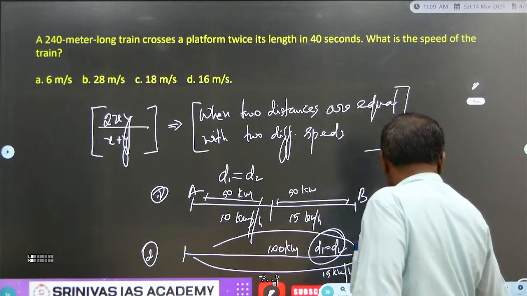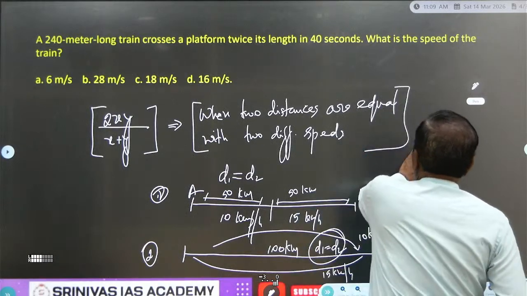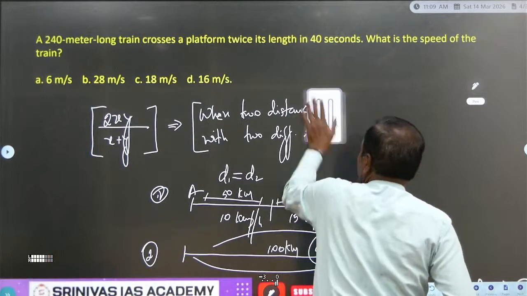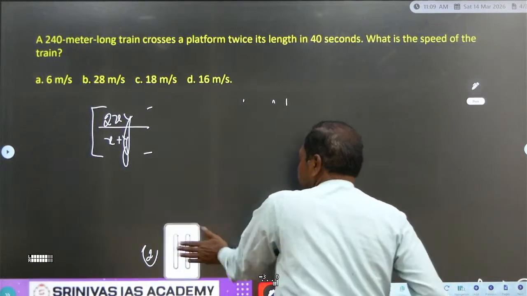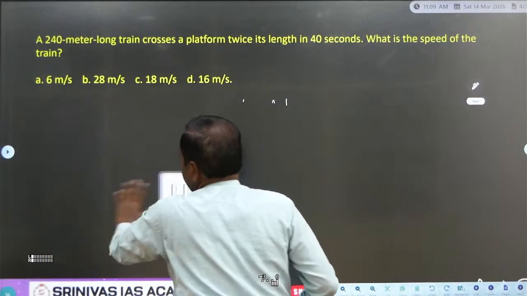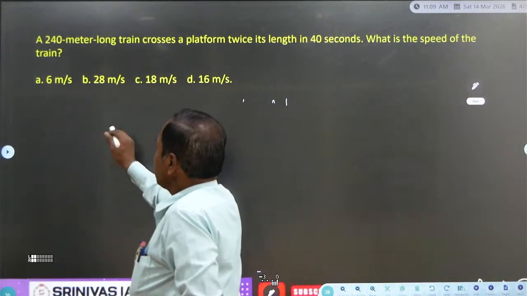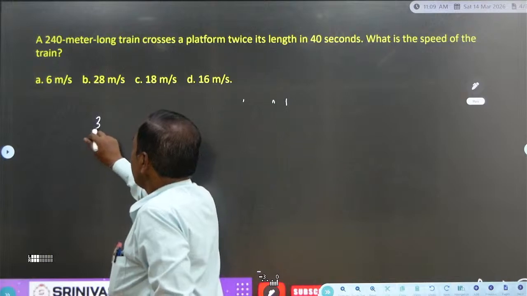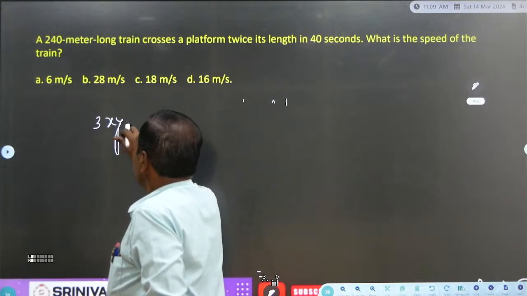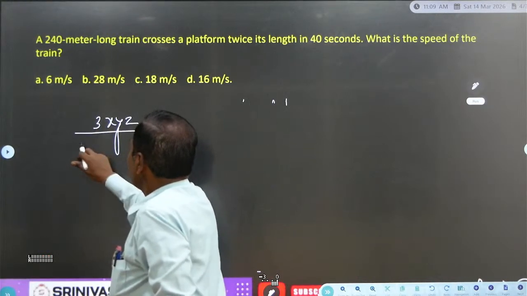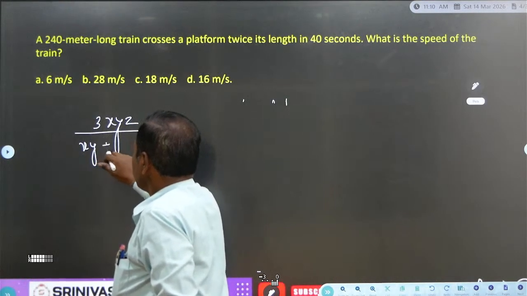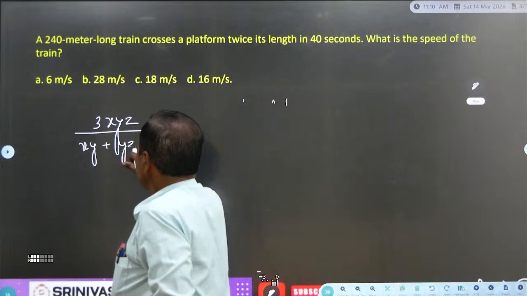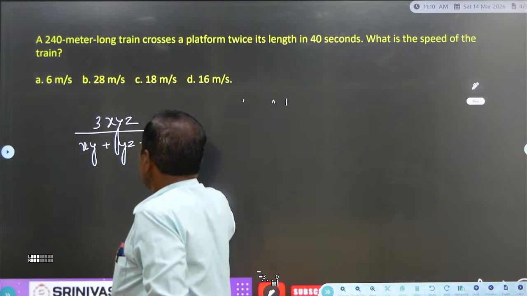Next one. Another same. When there are three equal distances, what would be the formula for that? Three equal distances. 3xyz by xy plus yz plus zx.